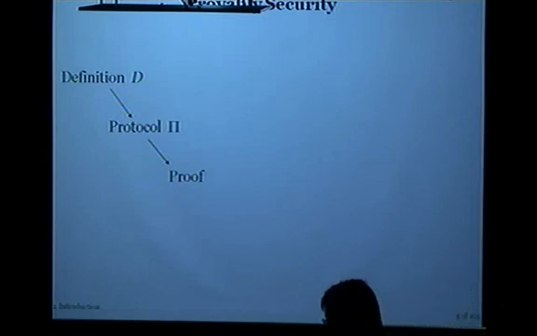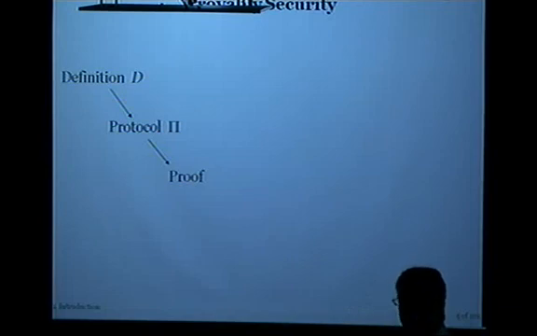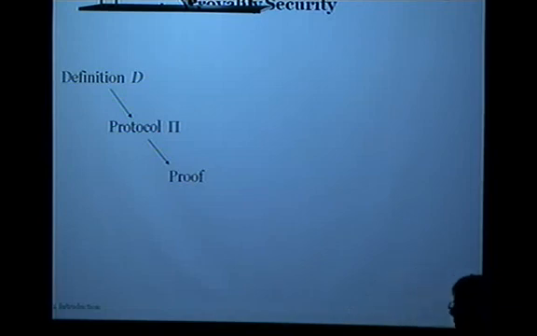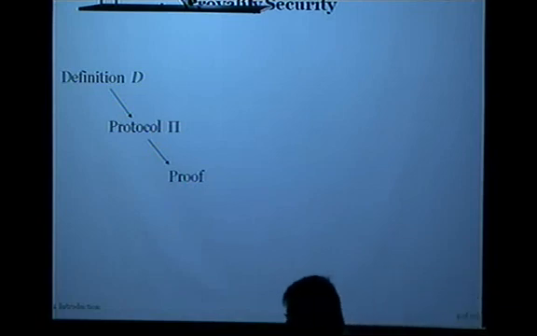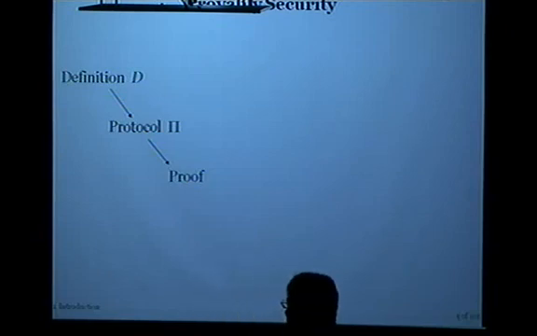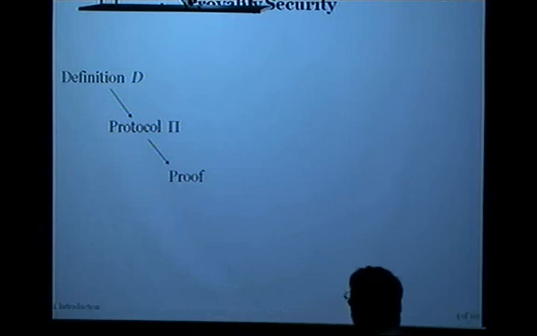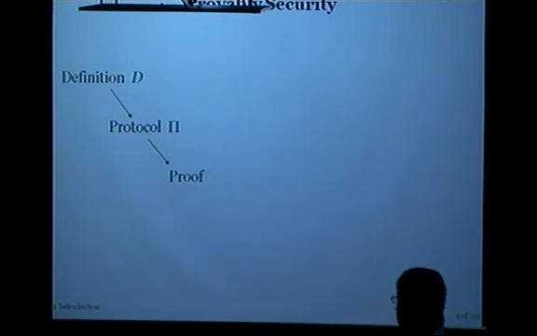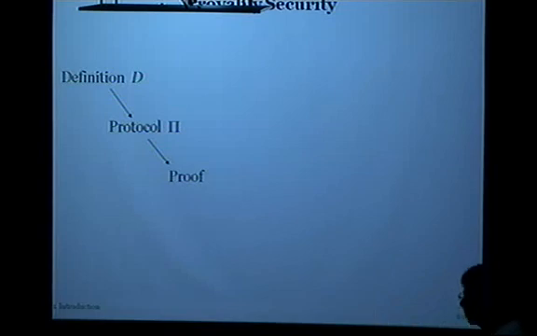The definition is quite separated from the scheme, from the protocol, and you should not be thinking in terms of the scheme in coming up with the definition. This task of coming up with the definition is a very difficult one. It is certainly as intellectually significant as designing schemes. And I want to spend a lot of time focusing on how we do definitions in this realm.